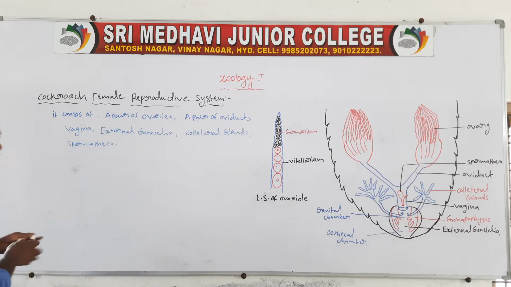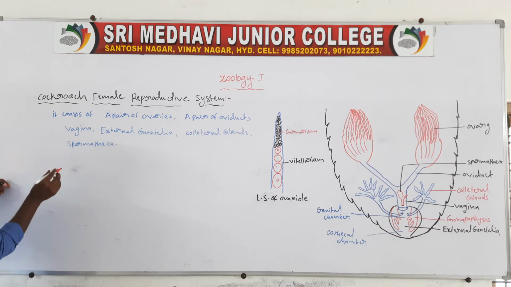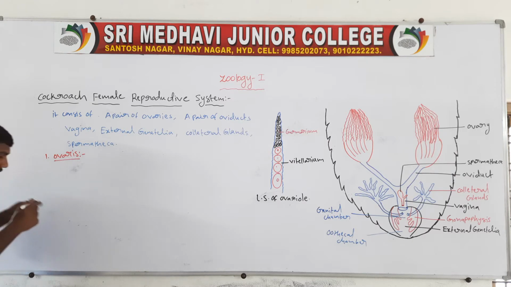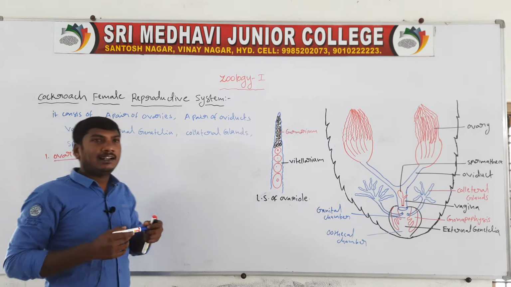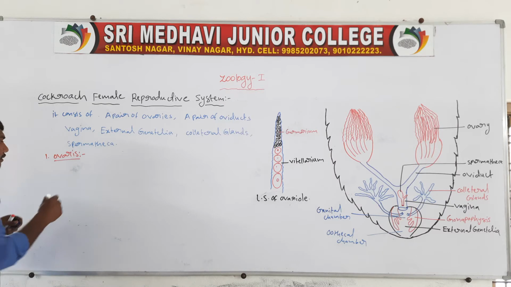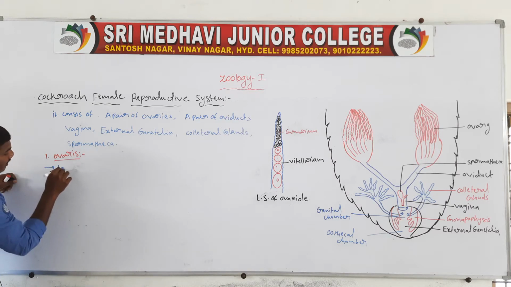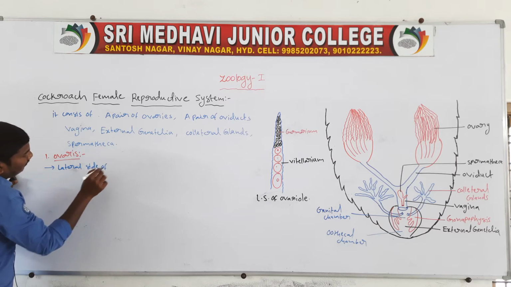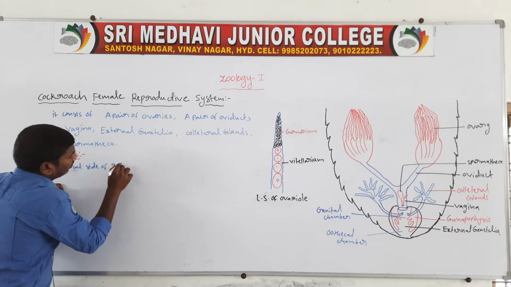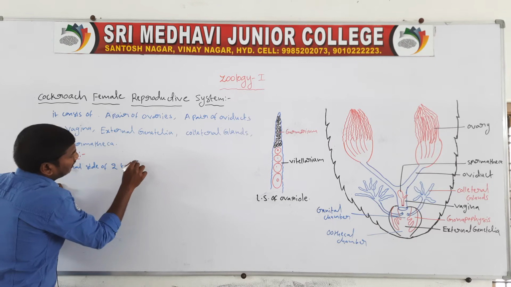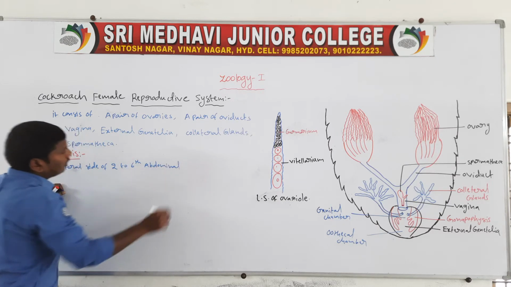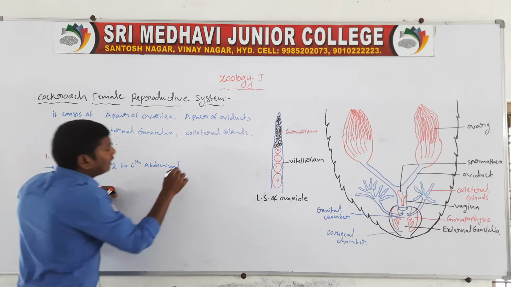First heading, ovaries. The ovaries are present on the lateral side of the 2nd to 6th abdominal segments.